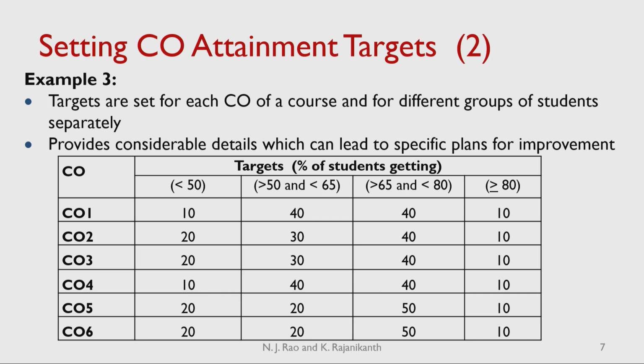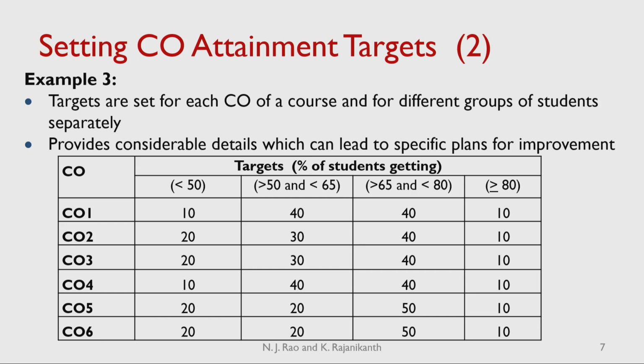Example 3 shows yet another method for setting the targets. Targets are set for each CO of a course and for different groups of students separately. We can see that the percentage of students scoring less than 50% marks is taken as one category, but within that category the targets are set differently for different COs. For CO1 it is only 10%, but for CO2 and CO3 it is 20% each. For CO4 it is again 10%.